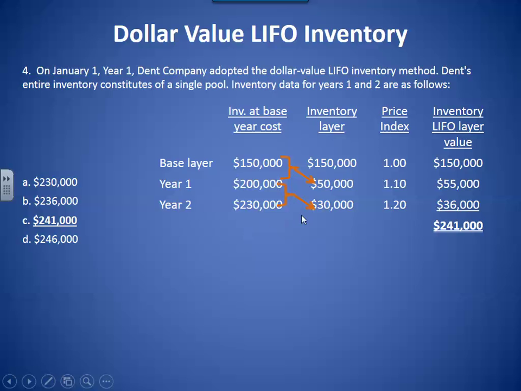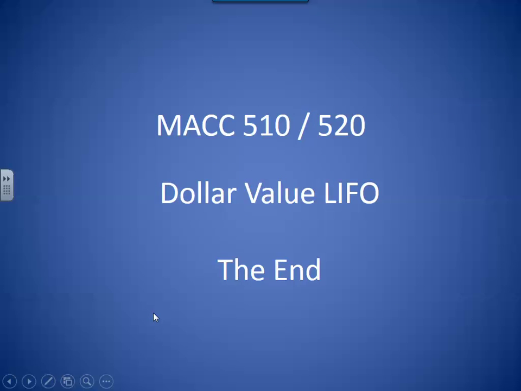We take the $30,000 increase in our inventory layer for year 2 and multiply it times our price index, and that's going to come out to $36,000. So our total inventory LIFO value at the end of year 2 would be $241,000, which corresponds to answer C. And that is the end to our lecture on dollar value LIFO.